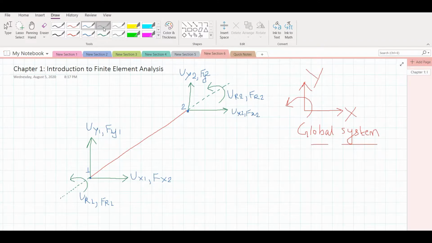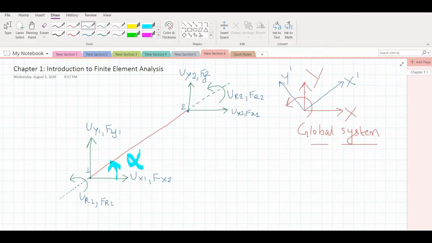Now we will also be considering the axial direction as well. We can have axial force or axial displacement acting along this direction and along this direction. Now for this, we may want to rotate this global axis by an angle. Let's say this angle is alpha, by an angle alpha, so that new x-axis aligns parallel to the frame element. Let's say we have a new axis here, which is x dash, y dash.